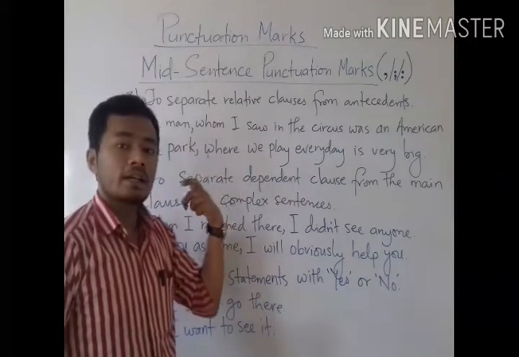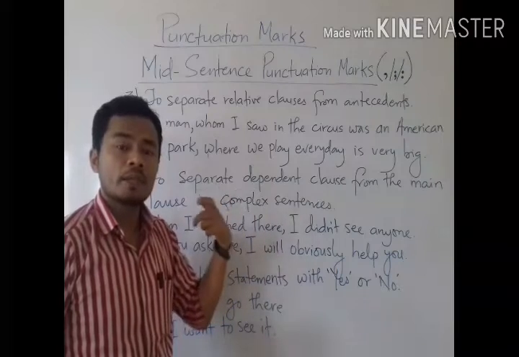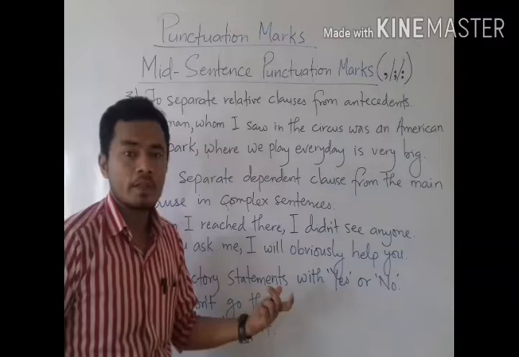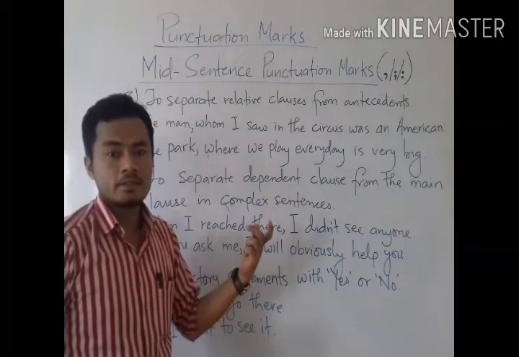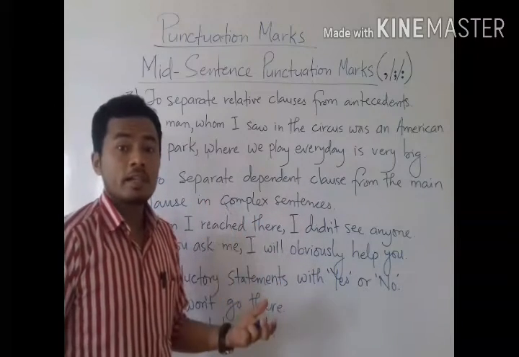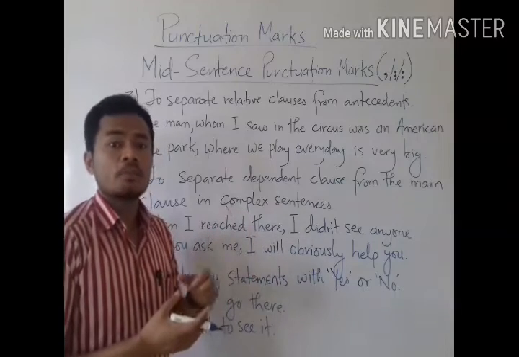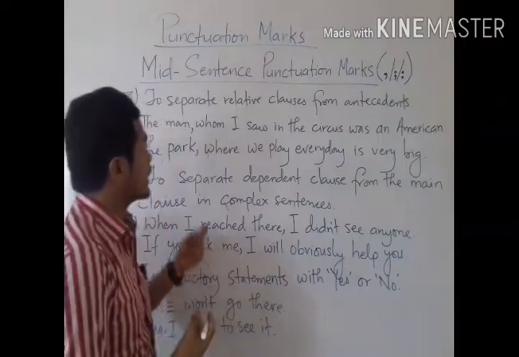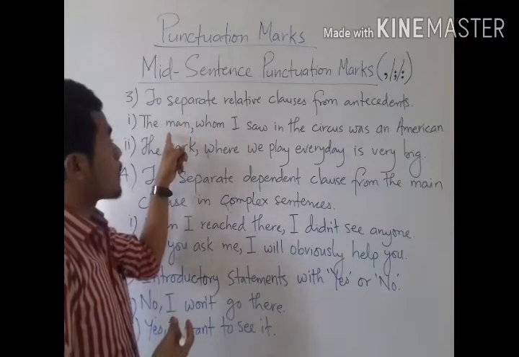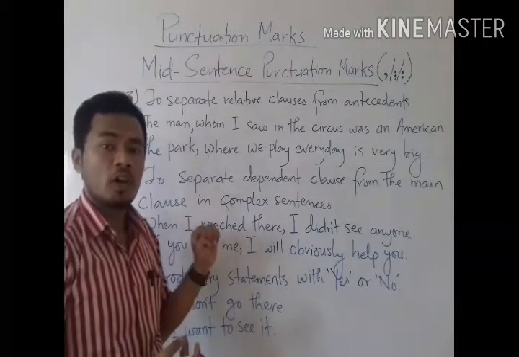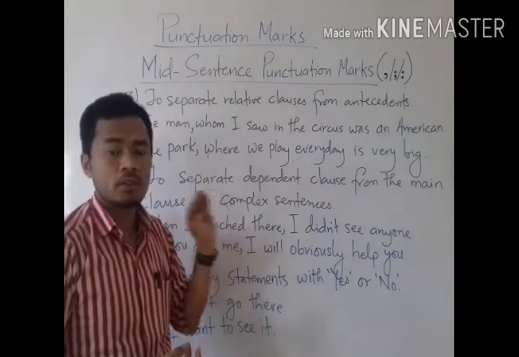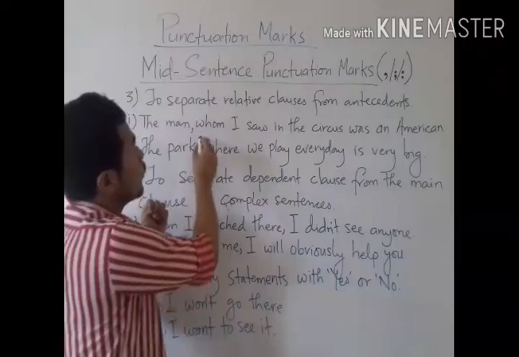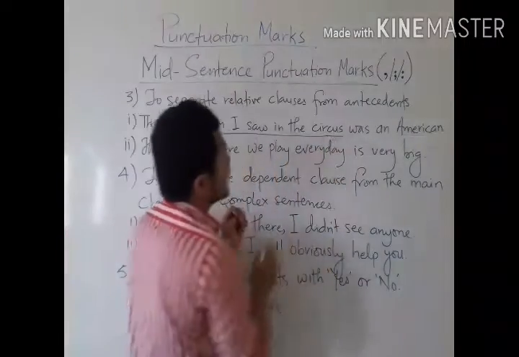Because these relative clauses give meaningful sense only when we find their antecedents. Relative clauses are closely related to antecedents to give their meaningful sense. So after antecedents we have to put comma, and after comma we have to put the relative clauses. Here, whom I saw in the circus.